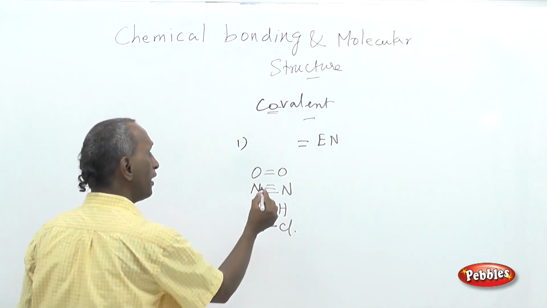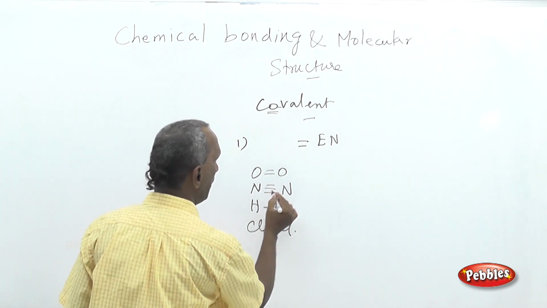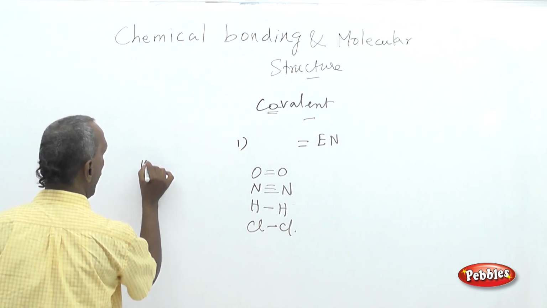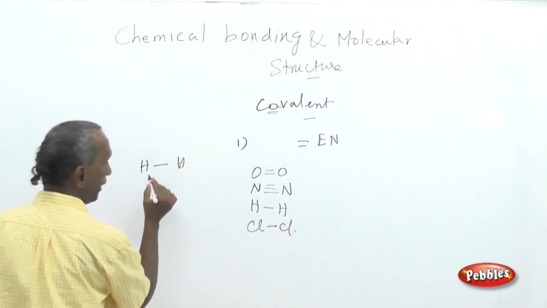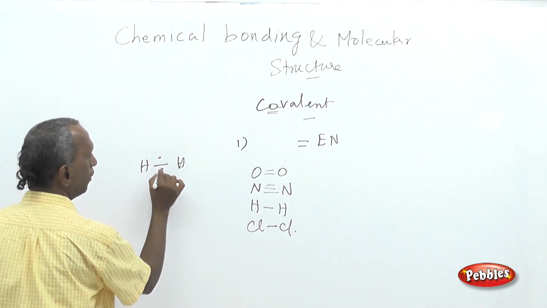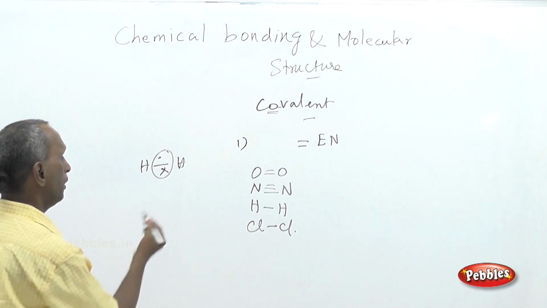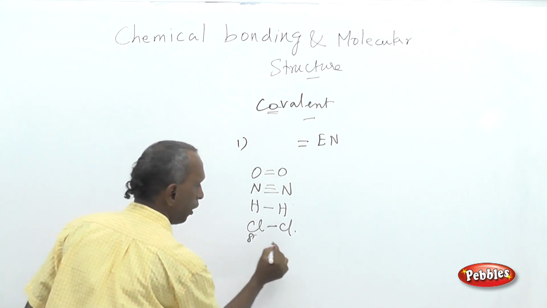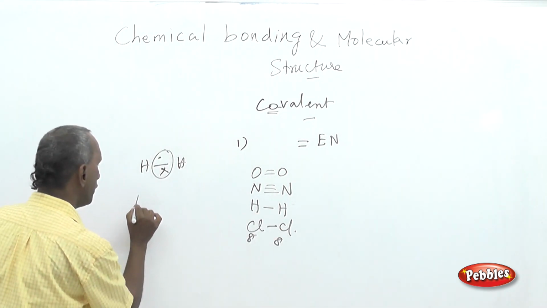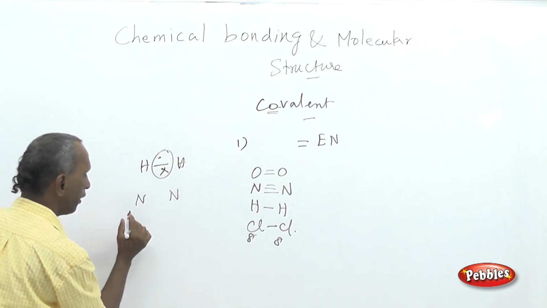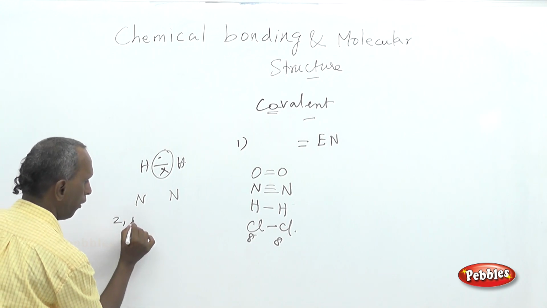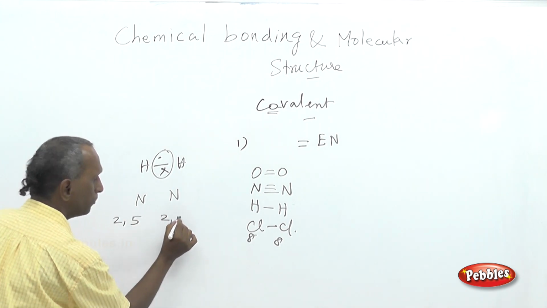Now we will see the reason for the multiple linkages. Hydrogen shares its electron, and with the two electrons it acquires helium configuration. Chlorine acquires an outermost 8. Take the case of nitrogen, atomic number 7, configuration 2,5.